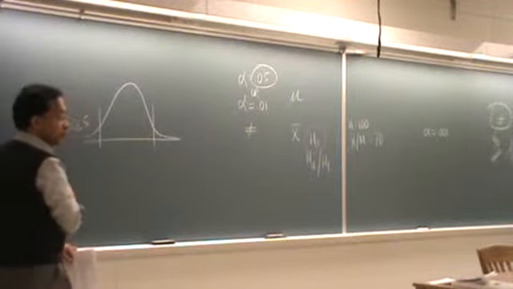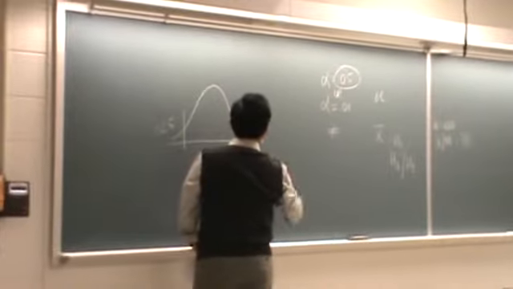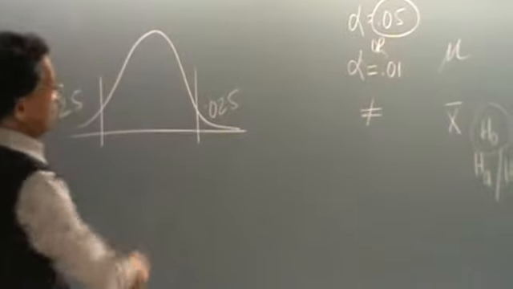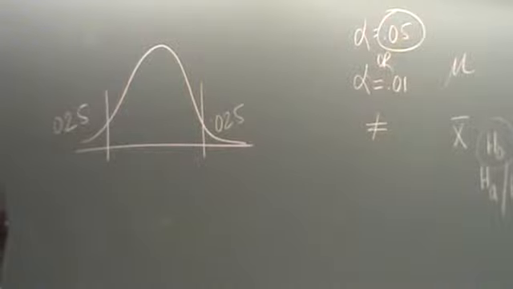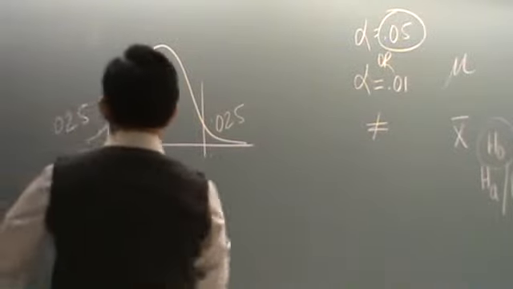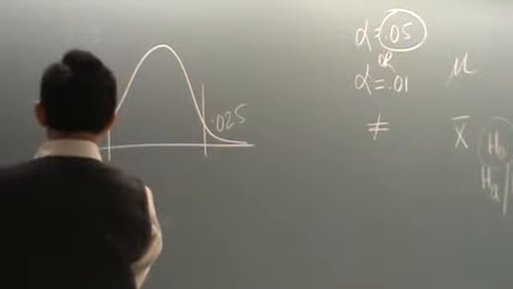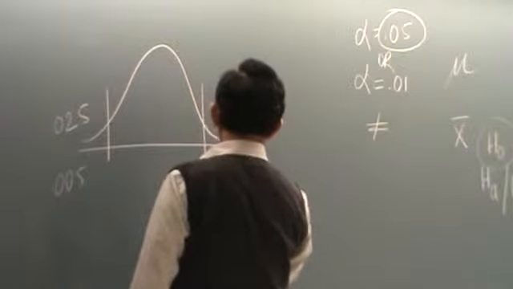Am I right? And here also 0.025. If we have 0.01 and we are doing a two-tailed test, 0.01 divided by 2 will be 0.005. So if we are using 0.01, then this side will be 0.005 and this side will be 0.005.